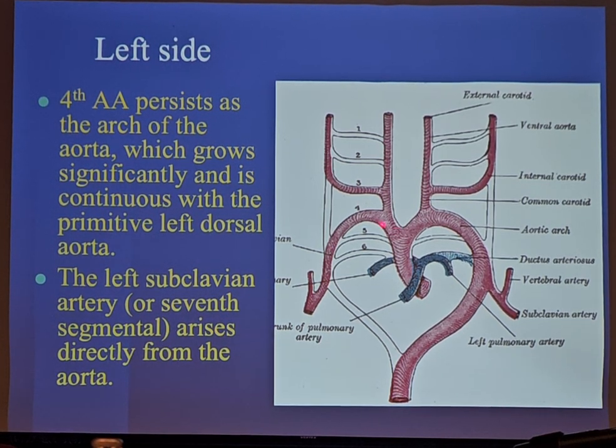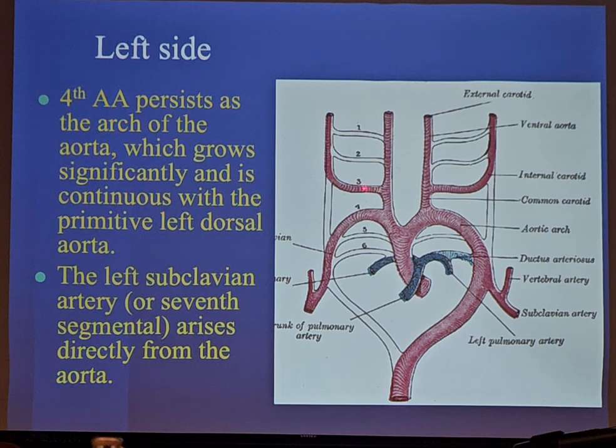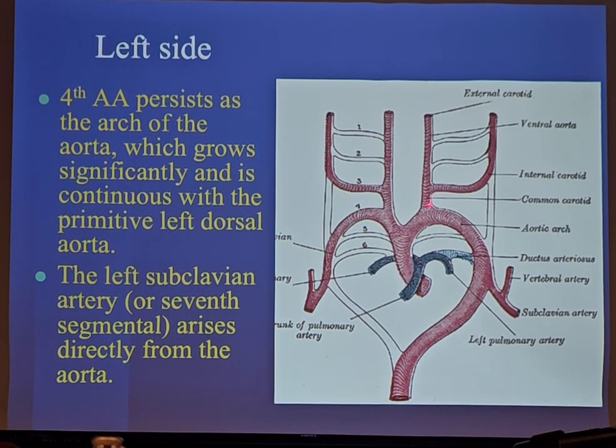The ventral aorta on this segment becomes the brachiocephalic artery on the right only. Okay. The part of the ventral aorta coming from the trunk is the ascending part of the aortic arch. Okay. The ventral aorta on the right side becomes the common carotid artery, and this becomes the left common carotid artery.